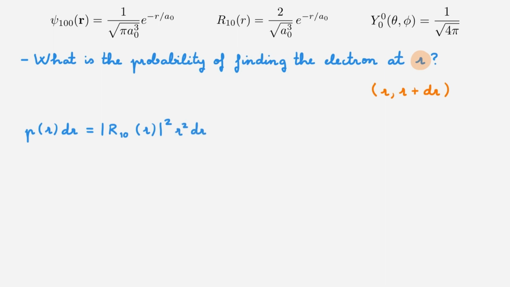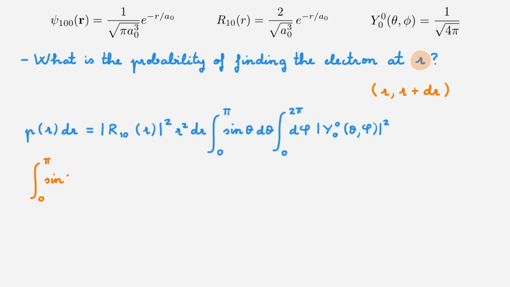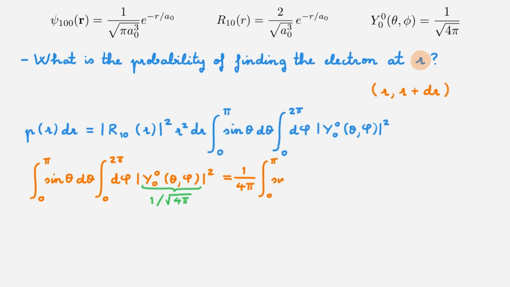And when we only consider the distance from the origin, we need to average over all possible angular directions, so we need to integrate over the angular parts. Let's first focus on the angular integrals. We can use the fact that Y00 is equal to the constant 1 over square root of 4 pi to take its square, 1 over 4 pi, outside, followed by the integrals over the angular coordinates.